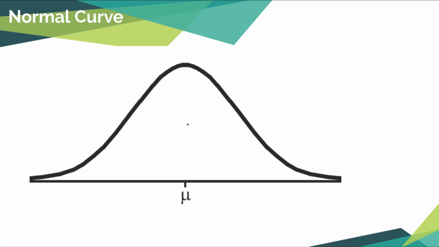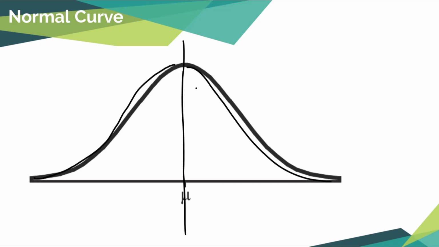It will always be very symmetric. By symmetric I mean, if you divide the curve at this point mu, this portion and this portion will completely overlap. They are equal and they divide the curve into 50% and 50%.